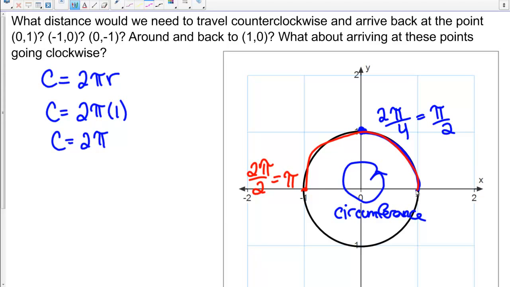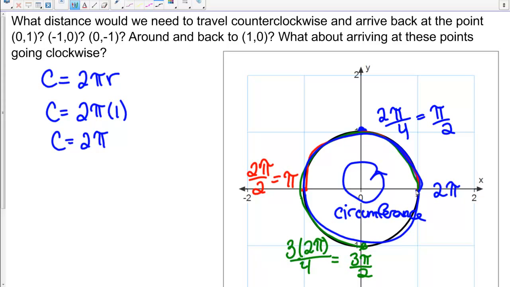If we want to get to (0, -1), we've gone 3/4 of the way around our circle, so 3 times 2 pi over 4, which gives me 3 pi over 2. What if we want to go all the way around and back? That's the entire circumference, so that would be 2 pi.